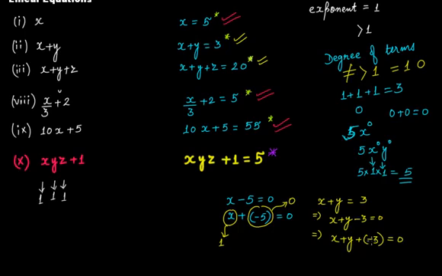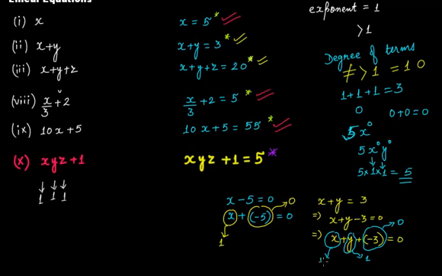If you haven't learned them, I recommend you go to the playlist for class 7th mathematics and check the algebraic expressions. So this is x plus y plus (minus 3) equal to 0. This is one term, this is another term, and this is another term. This is a constant term, degree 0. The degree of this one is 1 because y has exponent 1 and it has only one variable having exponent 1, therefore the degree of this term will be 1.